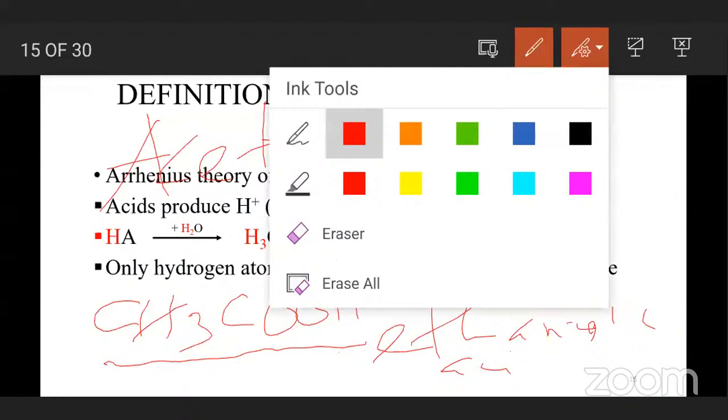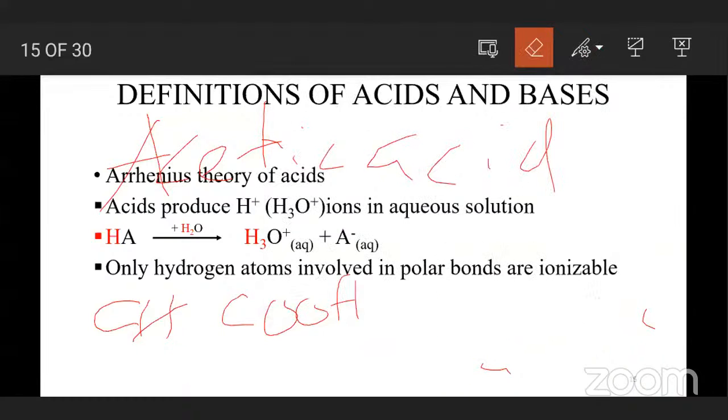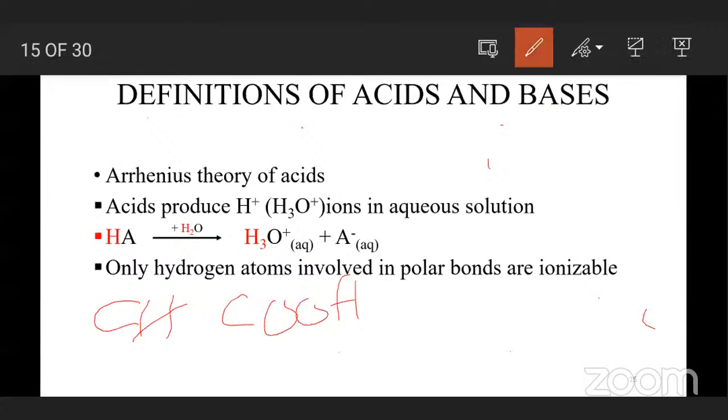If you have this ethanoic acid, how many ionizable hydrogen ions do we have in this acid? You have CH3COOH. You will observe that there is just one ionizable hydrogen ion in this compound.